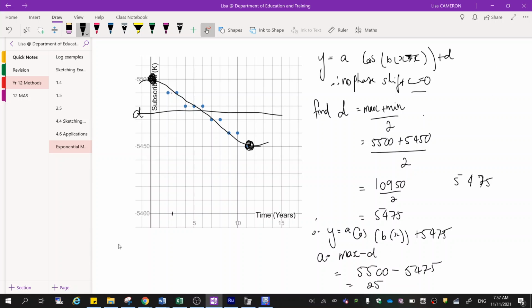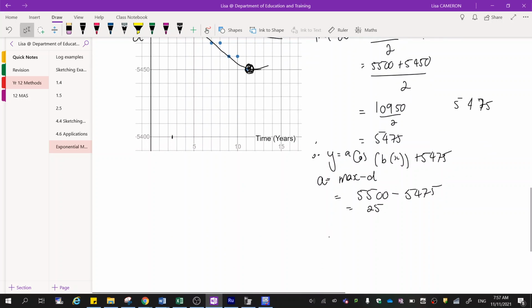So now we've found y is equal to 25 cos bx plus 5475.